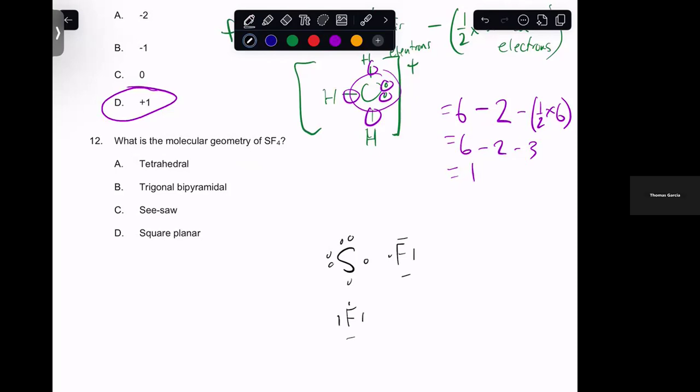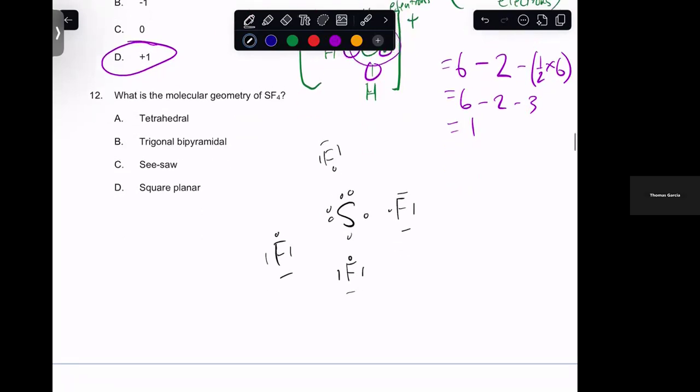Each one of these fluorines only wants to form one bond. And what ends up happening here is we actually get this weird expanded octet where we have these two normal bonds, but we also have two more bonds that sneak in there.